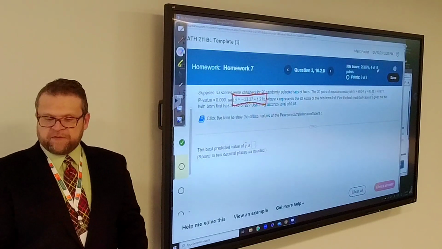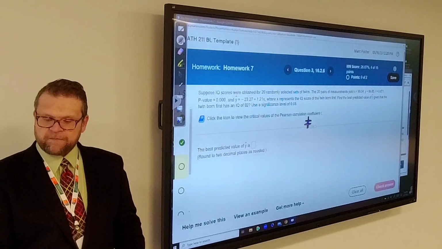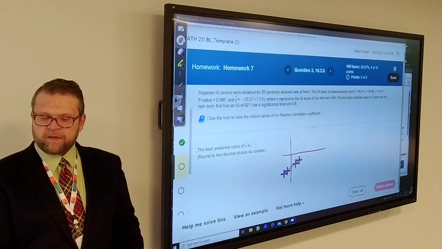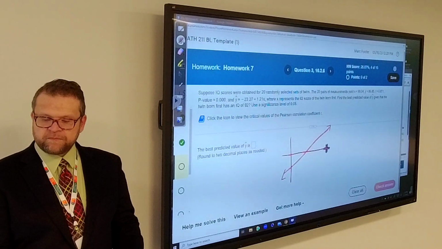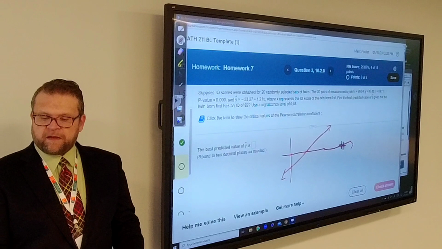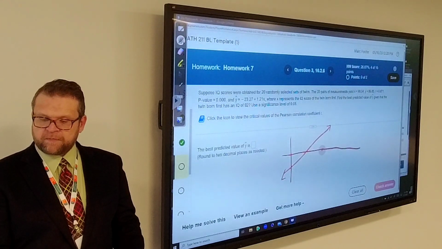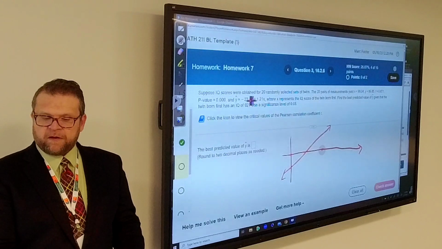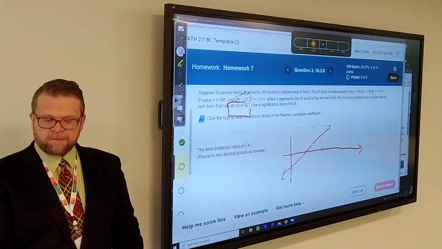Now, I have this regression line. It's looking like this. And I'm supposed to put in an IQ for the youngest twin of 92.